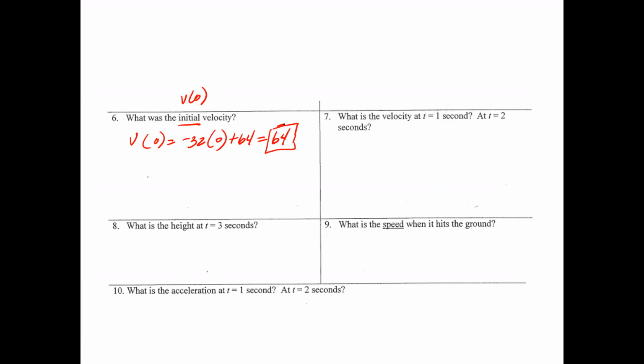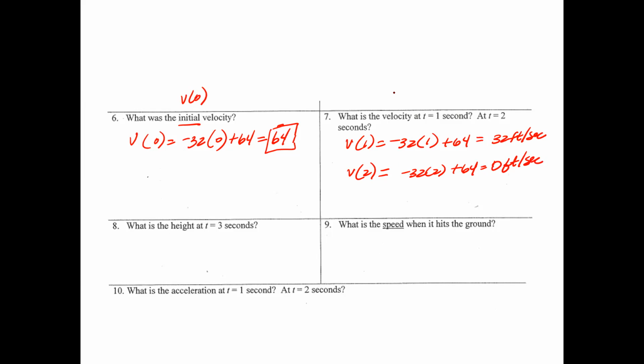Number 7, what is the velocity at 1 second and at 2 seconds? So you're looking at v of 1, so negative 32 times t, which is 1, plus 64. v of 2, at 2 seconds, is negative 32 times 2 plus 64. You could plug that into a calculator, which would give you 32 feet per second, and then 0 feet per second.